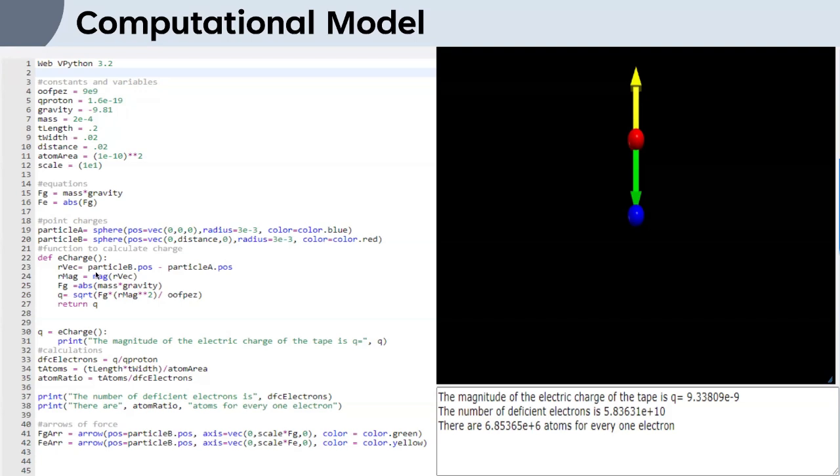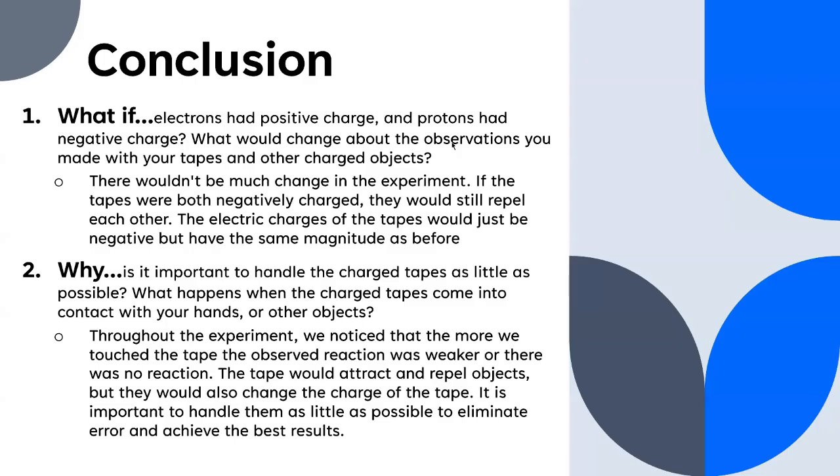I then created a function used to calculate the electric force. I then did more calculations where I calculated the electron deficiency, the number of atoms on the tape, and the atom ratio. And the green arrow you see here is the force of gravity, and the yellow arrow you see here is the electric force of particle B.